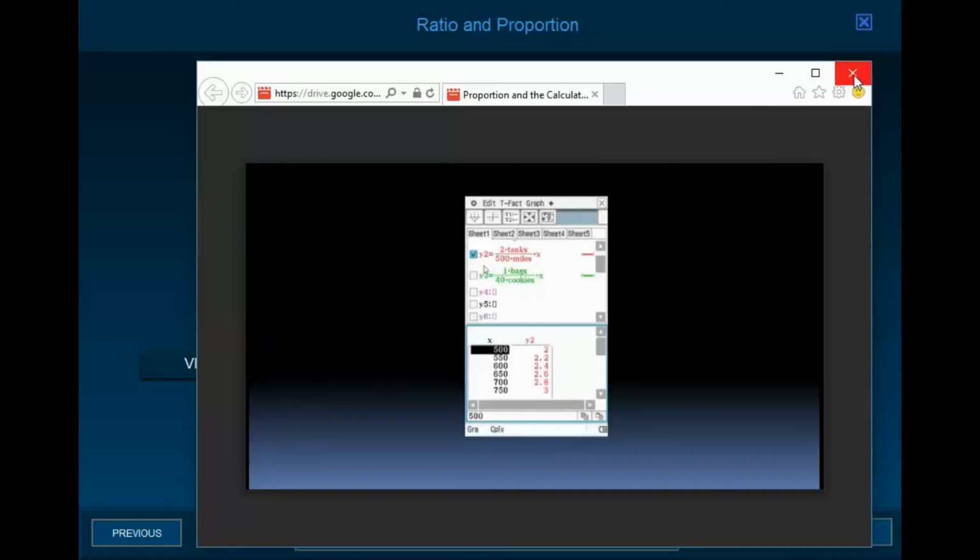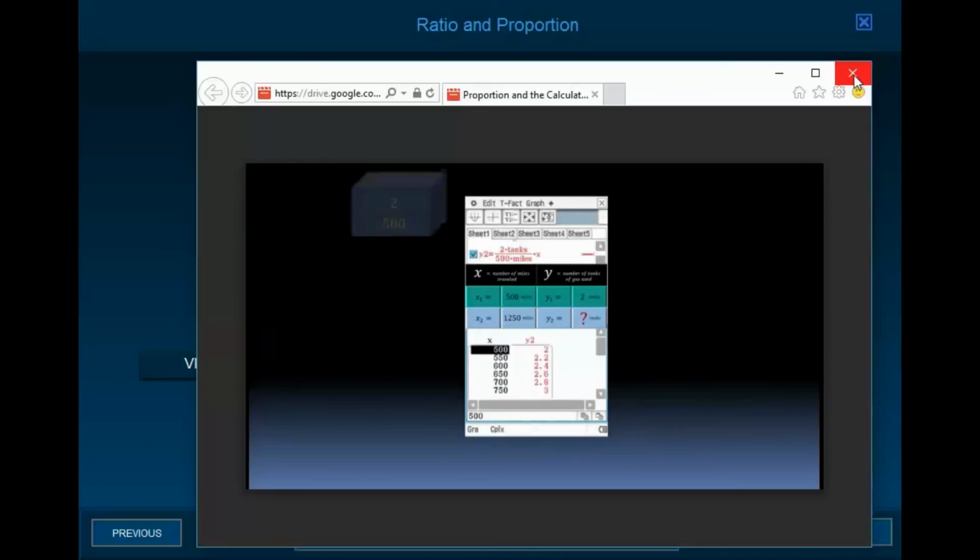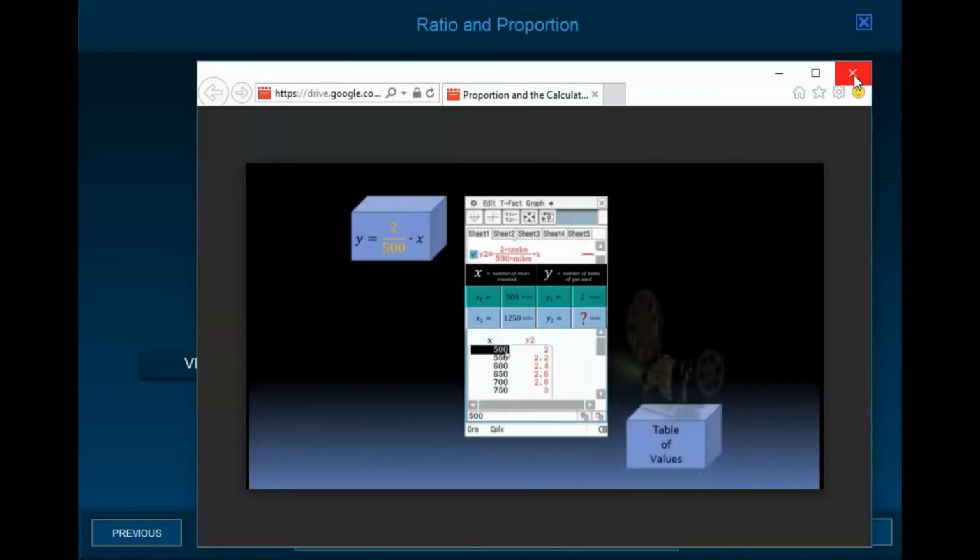In the same way, we can express the direct variation in the traveling problem with this equation in our calculator. Remember we said that at one point in time, we used 2 tanks of gas to travel 500 miles. When we enter this equation into the calculator, it automatically creates a table of values again. The calculator does not normally carry units.